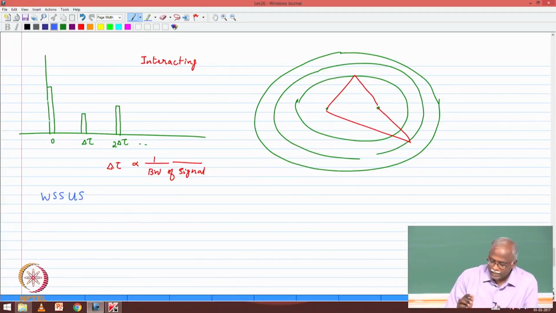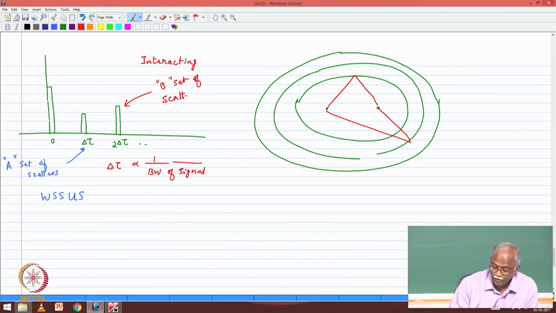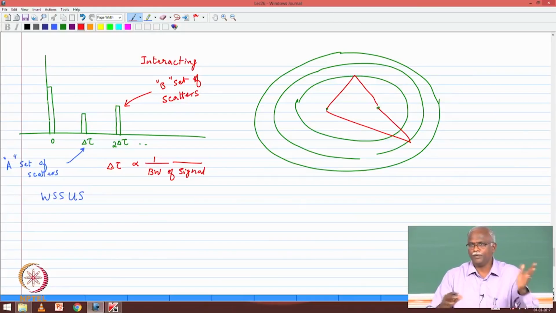The statement that we can make is that the first path is coming from a set of scatterers, let me call it set A. This one is coming from set B, a completely different set of scatterers. So, each of these effective multipath components that I can resolve is coming from a different set of scatterers, which is why they are coming at different delays, correct.